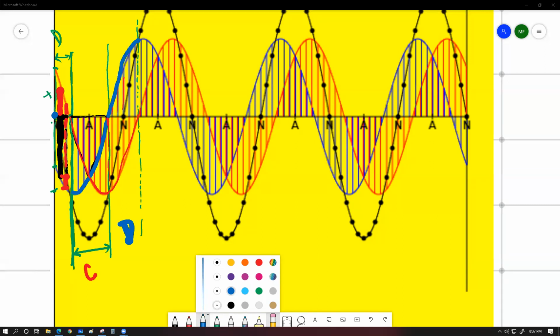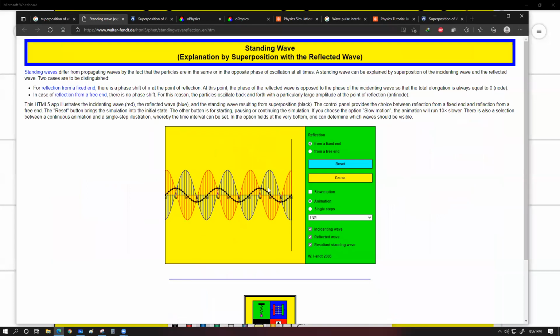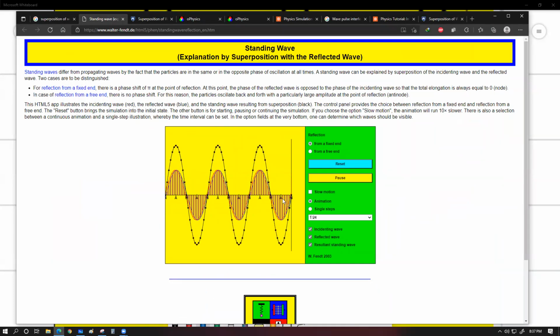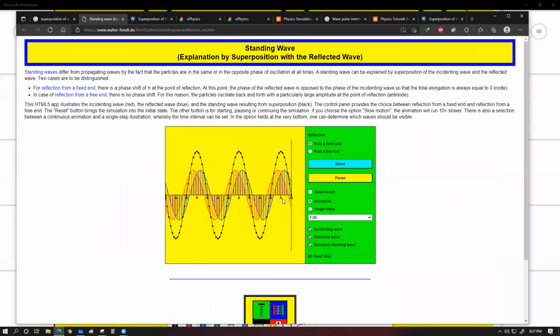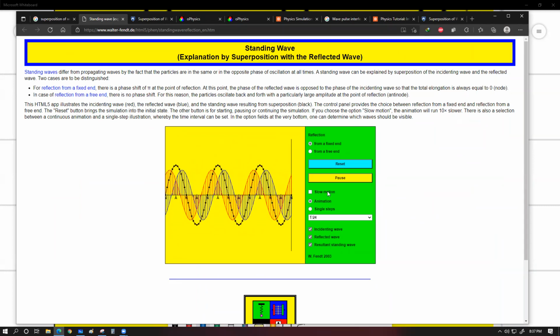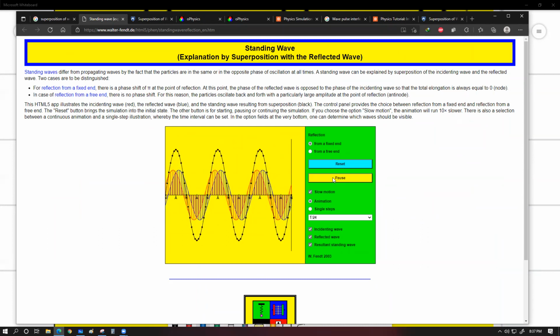So if we go back once again to the view of the actual scenario, have a look over here, the medium is always undergoing some type of superposition. Let me just close the resulting wave.